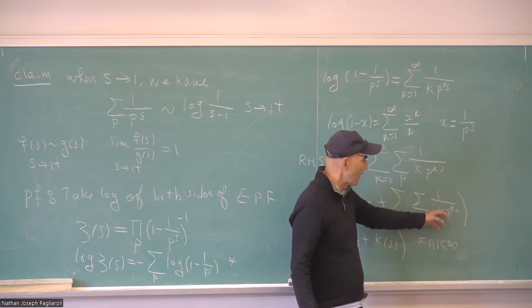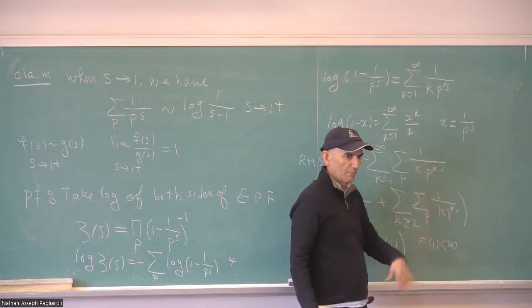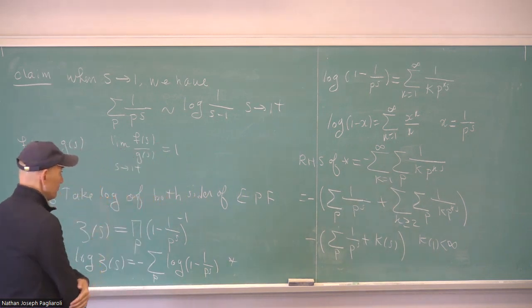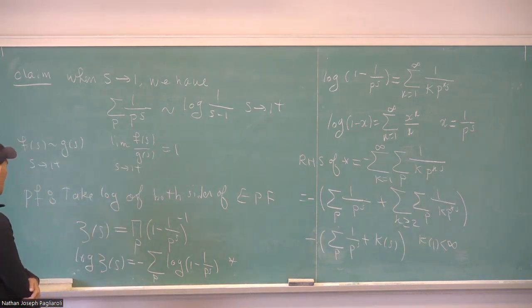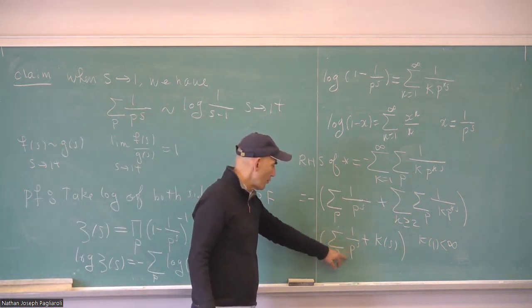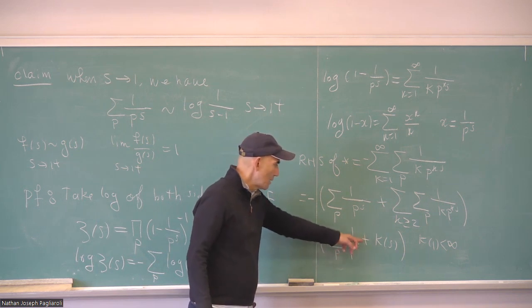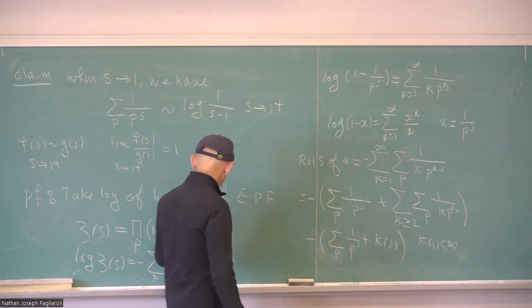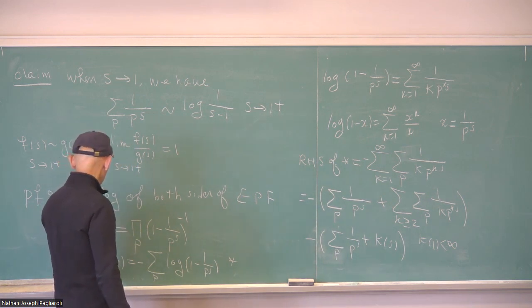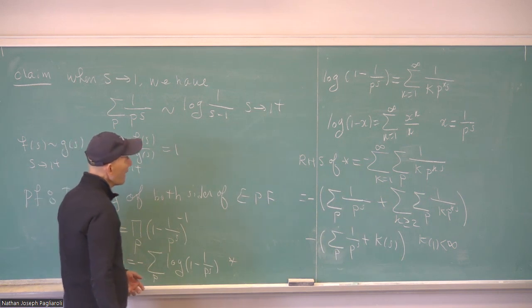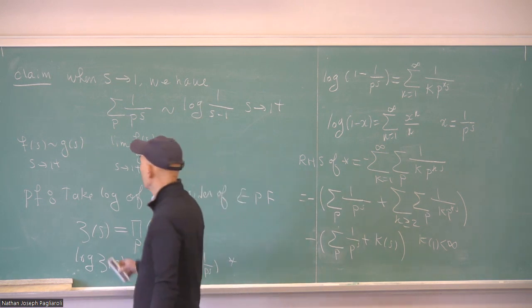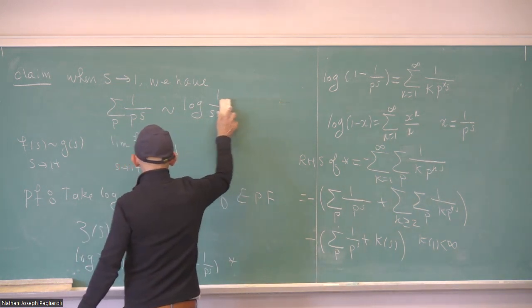There's also a damping factor, even 1 over k in front, so even if it's smaller, that doesn't matter. Right. So now what we have is this sum of 1 over p to the s on the left hand side, and then log of zeta of s. Zeta of s, we know the behavior of zeta of s near s equal to 1.